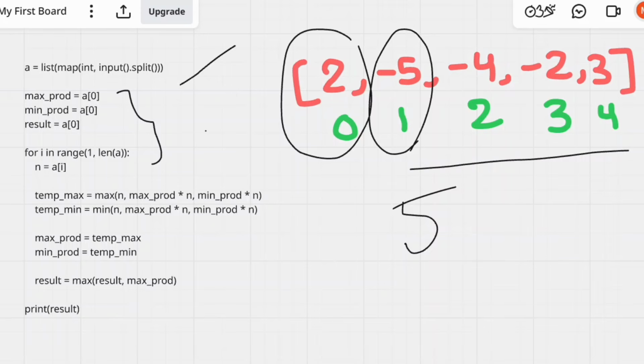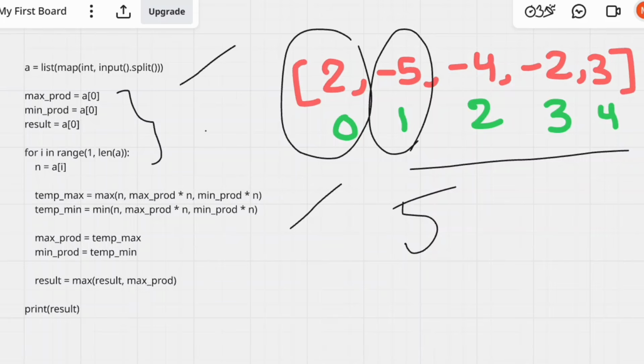And here I'm storing the current element in n. It's totally up to you. If you wish to use a of i directly, you can. Now comes the main logic. At every step, we check three values: the current number itself, current number into previous max, and current number into previous min.